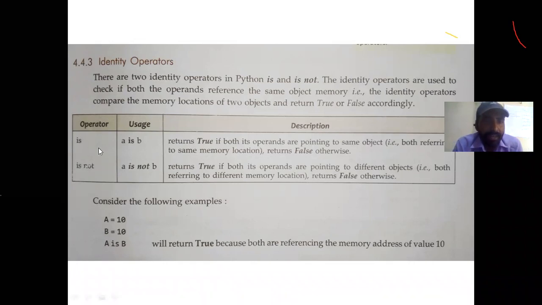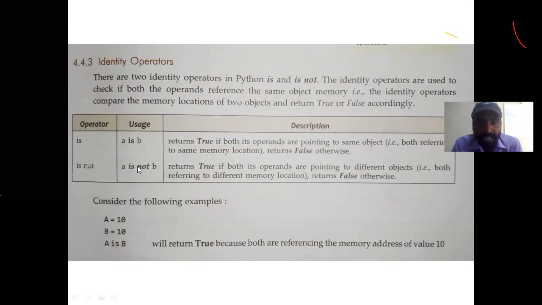As here given, is operator, if you write A is B, then it will return true if both its operands are pointing to same object. That is, both referring to the same memory location. If both the operands refer to same memory location, then only you will get the result as true. If their memory location is not same, then you will get the result as false.